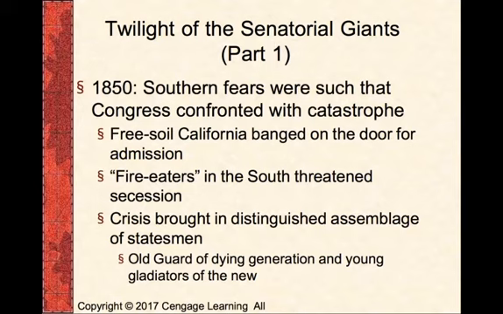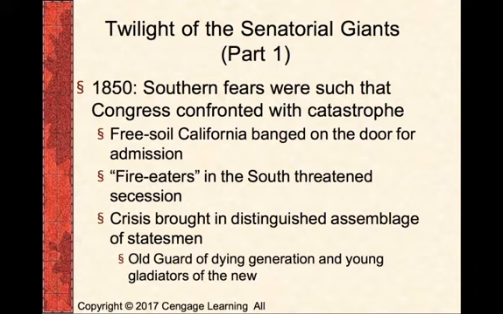There was a crisis among the assemblage of statesmen, and this is like the last hurrah of Congress in the 1800s. The old guard legislators, Henry Clay, John C. Calhoun, Daniel Webster, John Quincy Adams, they were all dying away.